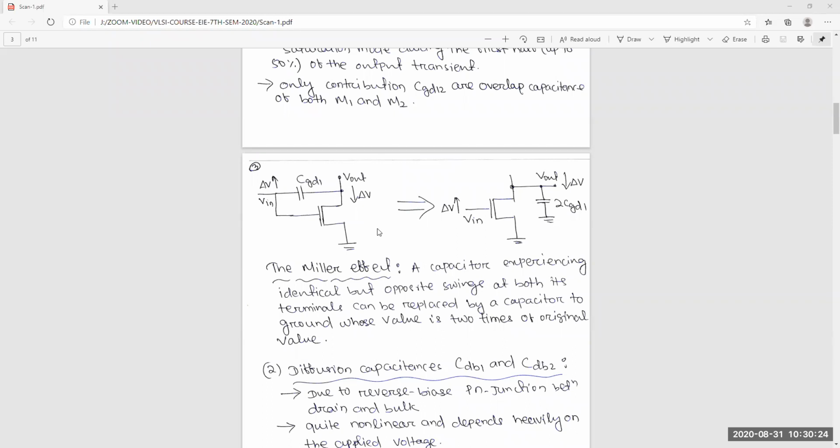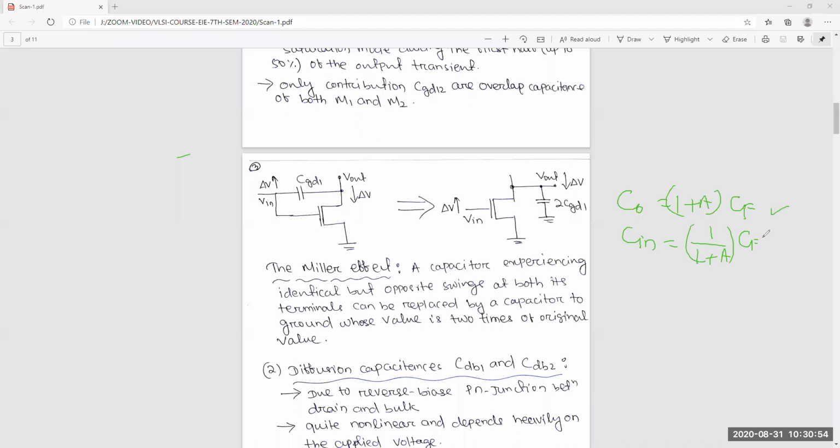For a capacitor, the output capacitance C0 is equal to (1 plus A) into CF, where A is the gain of the system and CF is the feedback capacitance, and C in is equal to (1 by (1 plus A)) into CF.